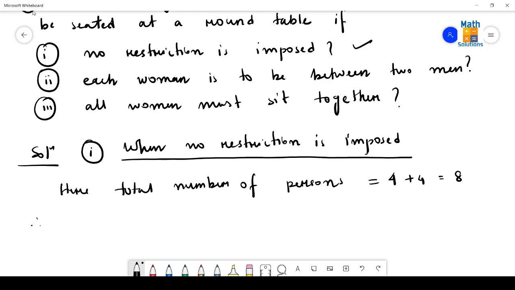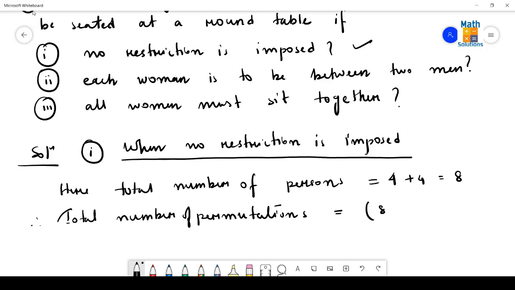Therefore, the total number of permutations, circular arrangement, is equal to 8 minus 1 factorial, that is equal to 7 factorial.